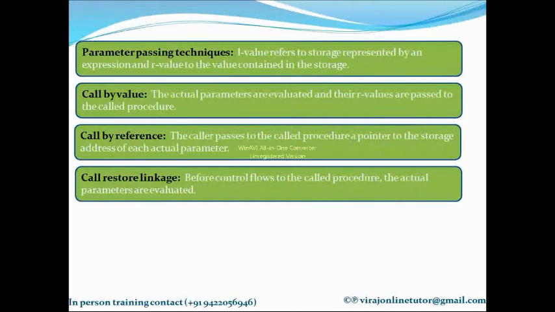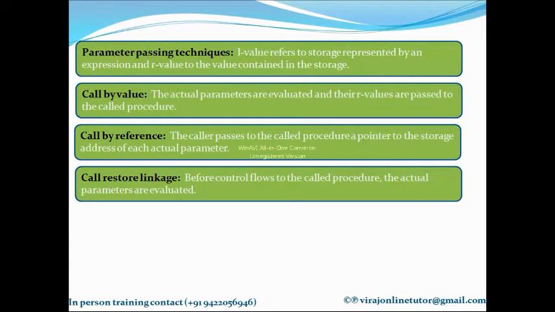You all might have written a simple program to swap two numbers, right? If you swap two numbers in the C programming language, and you don't pass the parameters by reference or by pointers, whatever swapping I did in my swap function happens only in that function, but is not reflected at the calling point. Suppose I have variable A with a value 10 and variable B with a value 20.